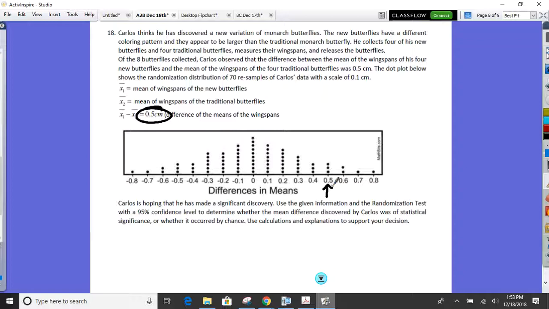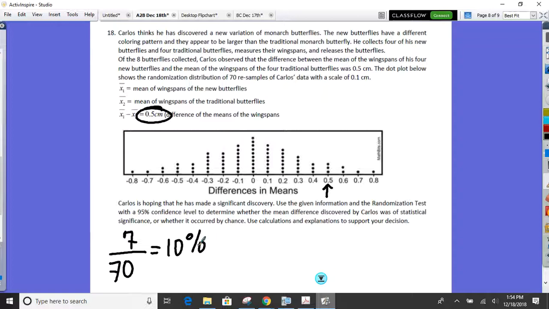There's 7 of them. And go back, quickly reread how many different simulations did I do? 70 resamples, so 7 out of 70. This will tell us if that is significant or not. 10%, or at or above.